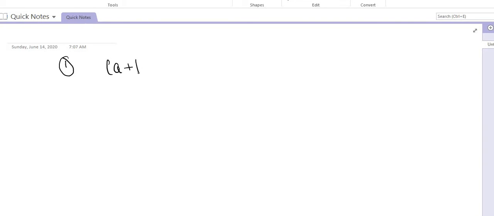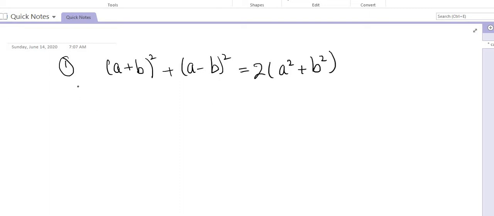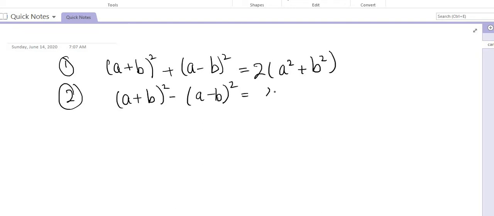a plus b whole square plus a minus b whole square equals to 2 times a square plus b square. Okay, the second one is a plus b whole square minus a minus b whole square equals to 4ab. Just make notes for your formulas at the start of your notebook or at the end of your notebook.